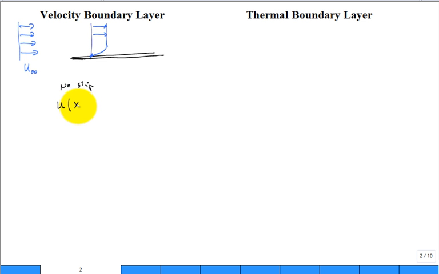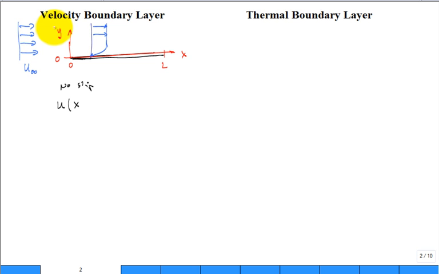at some location x. What we're going to do is introduce a coordinate system. X runs just like this. X starts at 0 at the leading edge of the plate, and maybe the plate is length L, so that's the trailing edge. The leading edge and trailing edge of the plate, x goes along the axis of the plate. And then the y direction goes out from 0 out into infinity, far into the free stream, into the fluid.